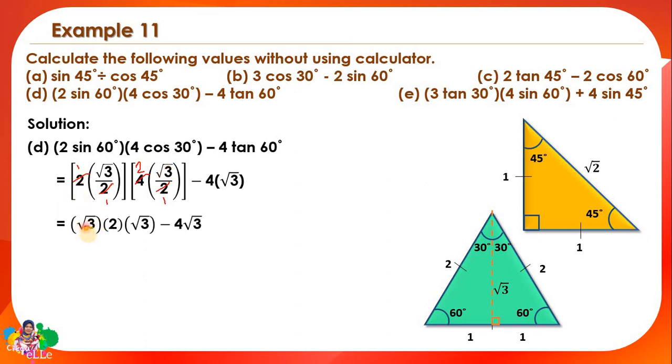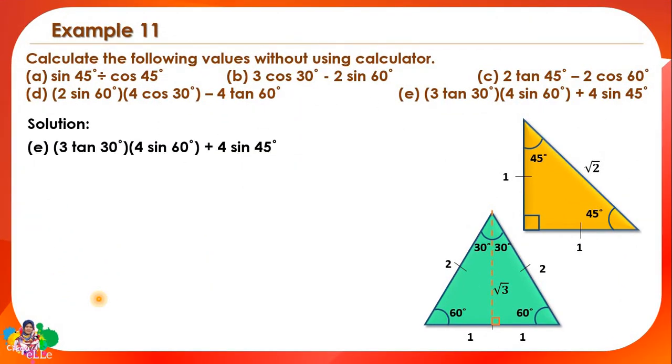Square root 3 times square root 3 will get 3. 3 times 2, 6. Then you get 6 minus 4 square root 3. This one is the final answer. Okay, cannot simplify anymore because you cannot use calculator. Alright.